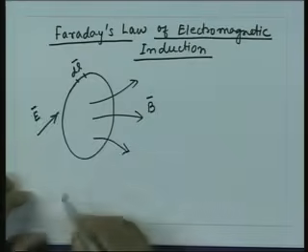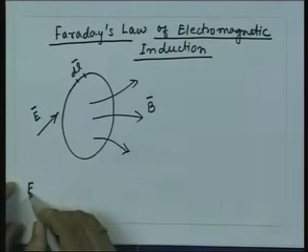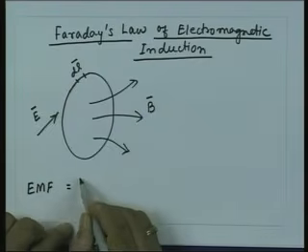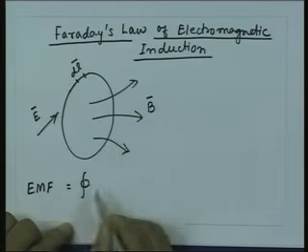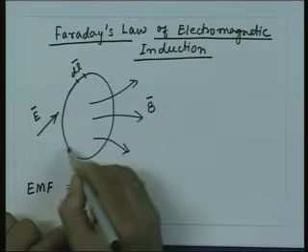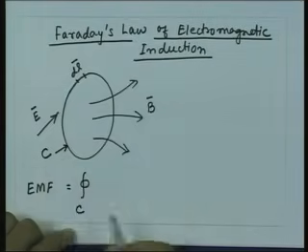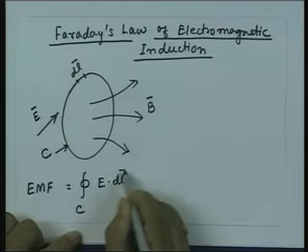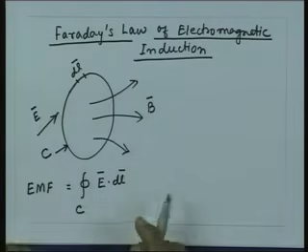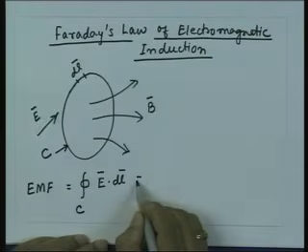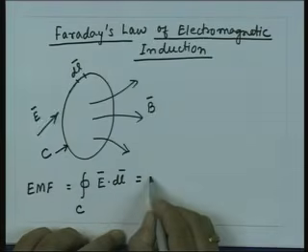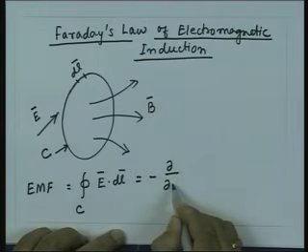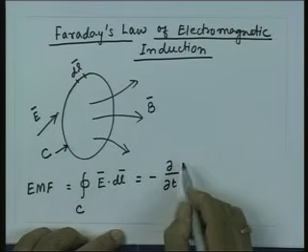So, mathematically, the EMF produced because of this electric field is the line integral over this contour C of E dot dl, that is equal to minus d by dt of the total flux.